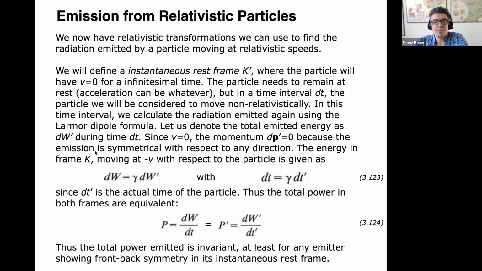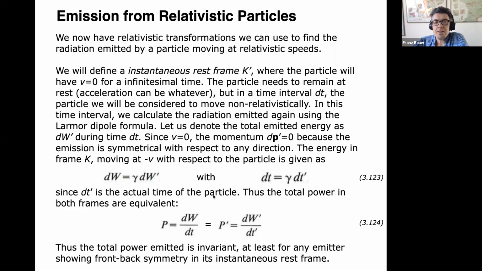We want to calculate what the energy is in the K frame, which is moving at some velocity minus v. So we do a transform between this work and the work we see. We have an extra gamma factor here, and the time transformation goes as this. So dt prime is the actual time of the particle.